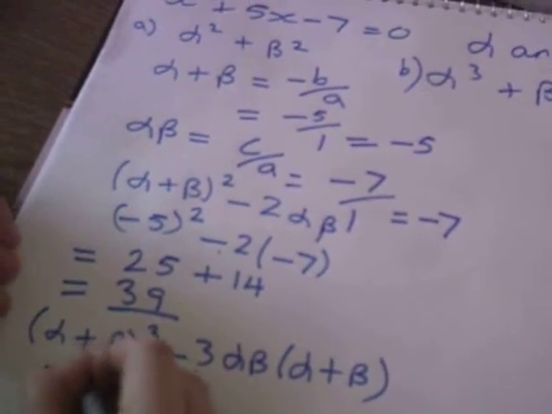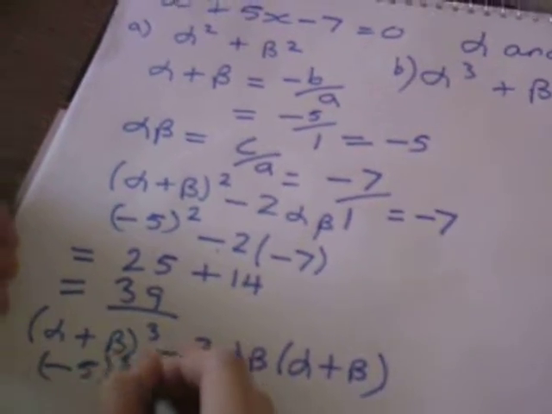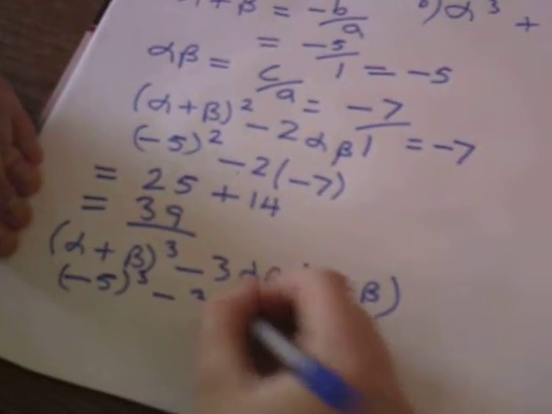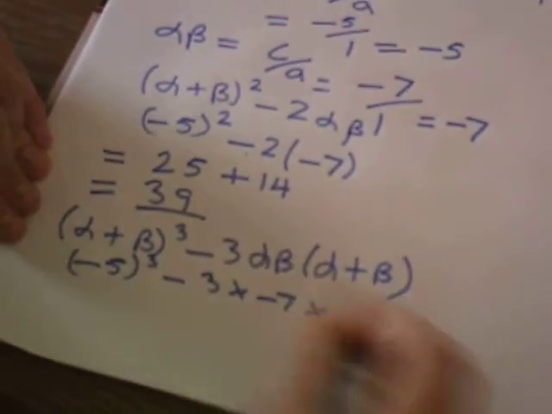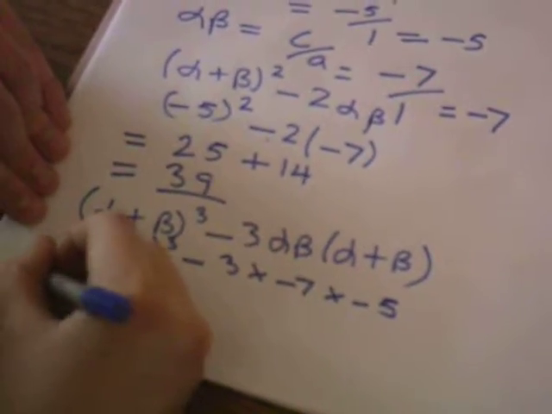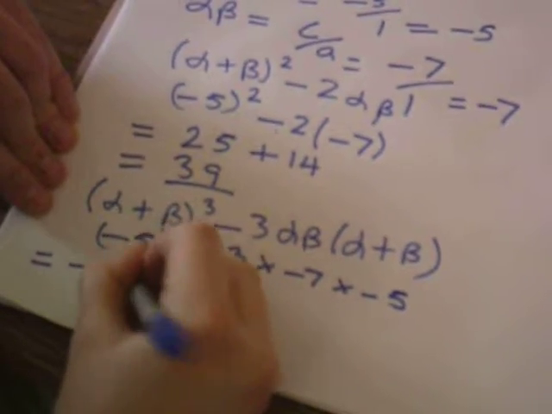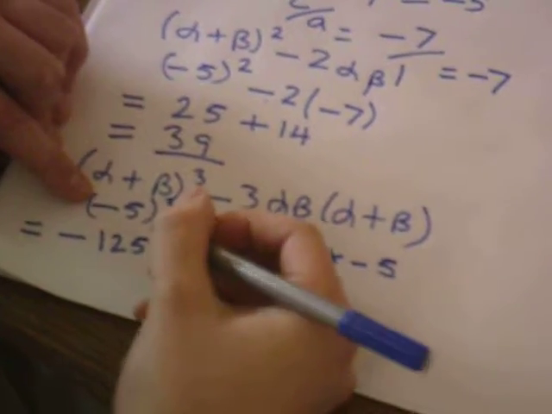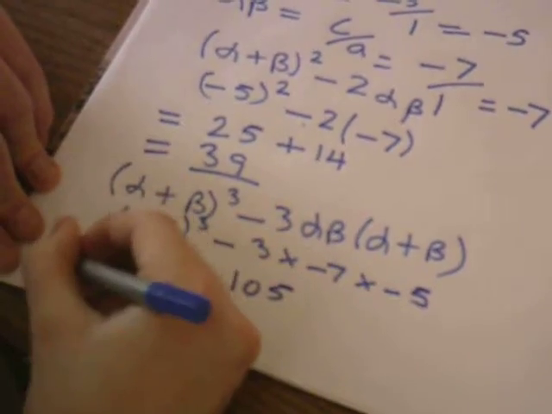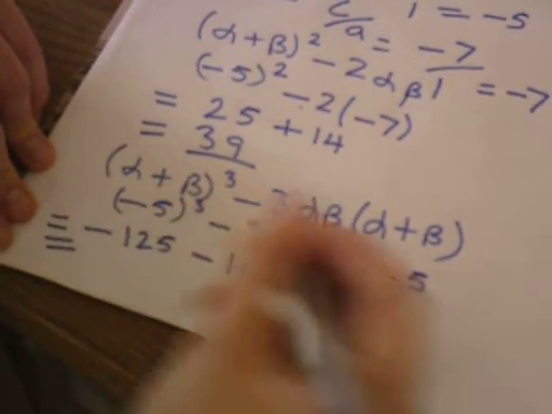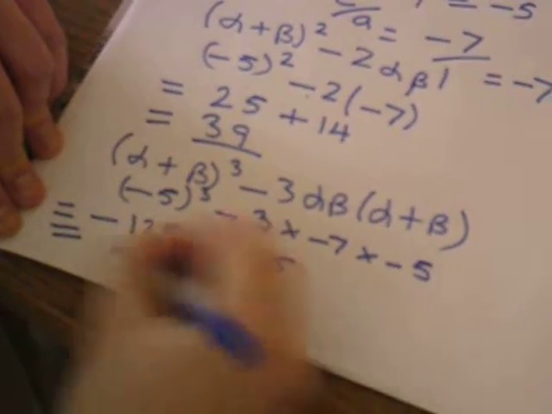So minus 5 cubed minus 3 multiplied by minus 7 multiplied by minus 5. Okay, so that is going to give you minus 125, which is minus 5 cubed, minus 3 times minus 7 is 21, multiplied by minus 5 is minus 105, which then gives you the value of alpha cubed plus beta cubed as minus 230. And there's the first part of the question complete.